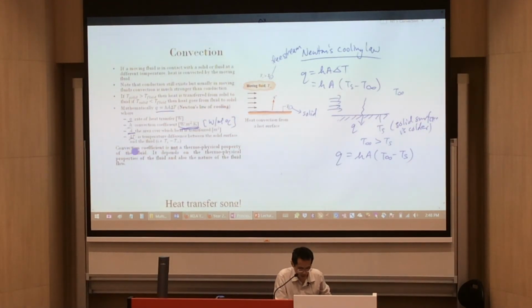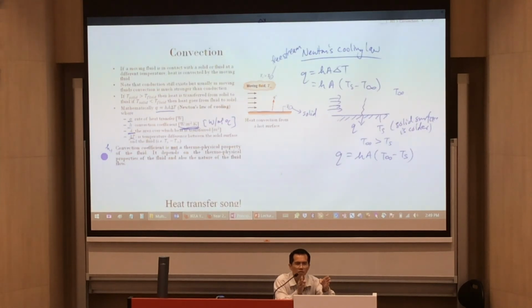What I want to say is that the convection coefficient, that is H, unlike K, is not a physical property. For K, it's quite easy to understand.